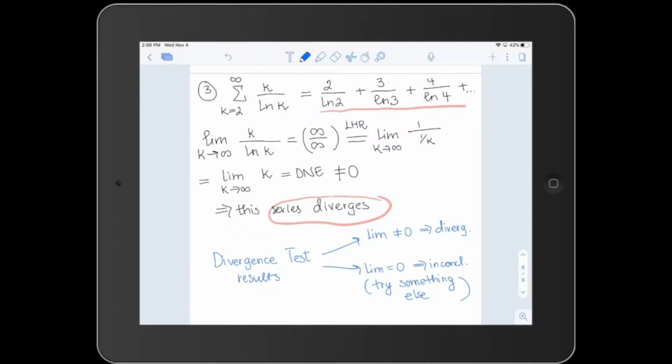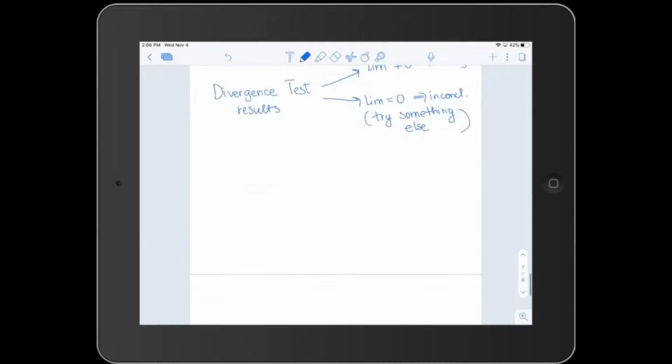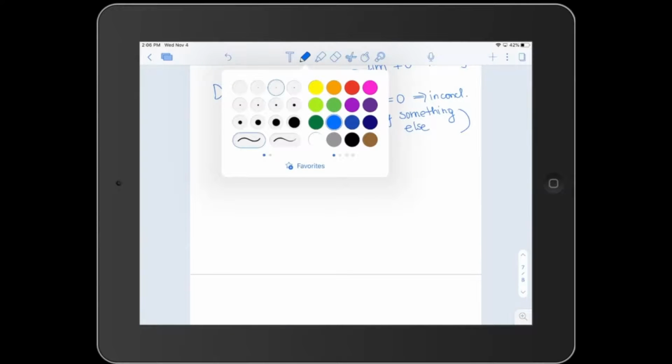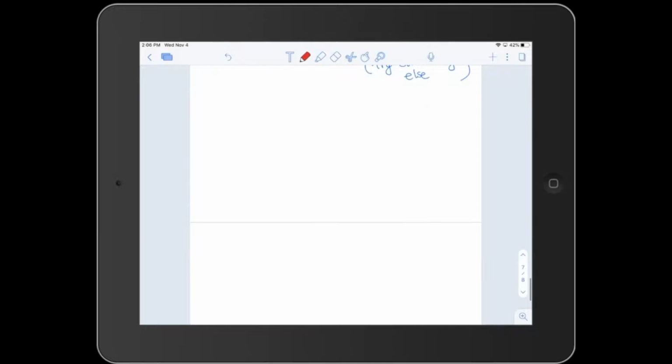And the second test that we're going to learn this week is the integral test. Okay, so what does the integral test say? What is the general setup here? Okay, let's say we have a continuous function.